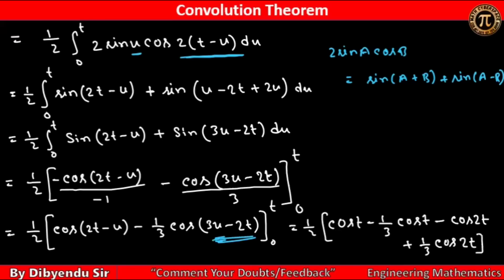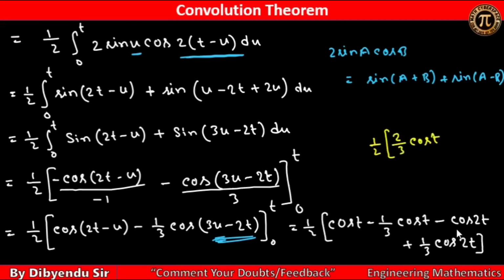Okay, so next you have to simplify it. So you are getting half into cos t minus 1 by 3 cos t, that means half into 1 minus 1 by 3, that means 2 by 3 cos t.